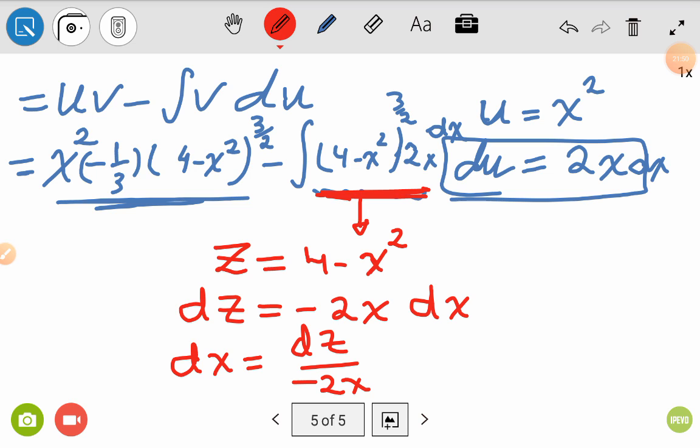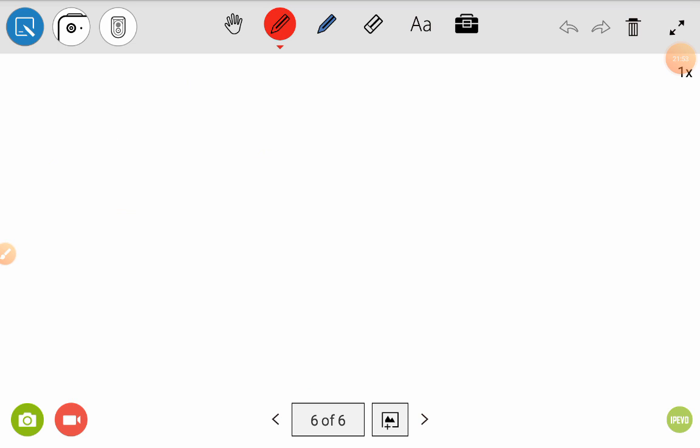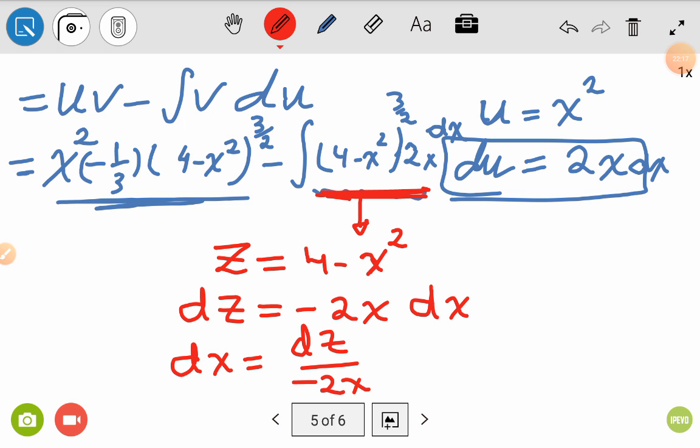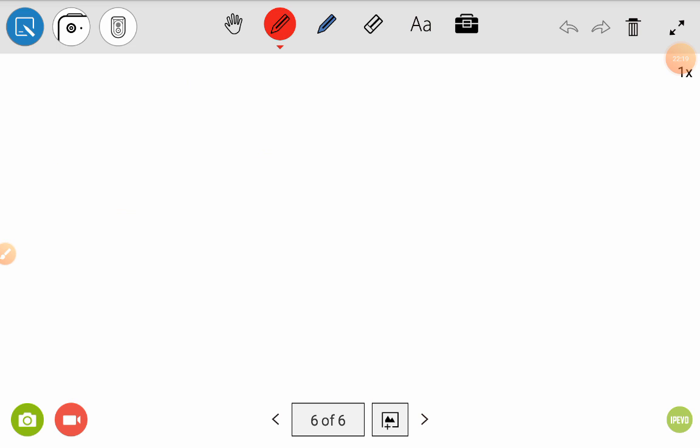Pay attention, guys. I know that this question is not easy at all. The final step here, we will do it in the next part, which is the integral of 4 minus x squared, and this all to the power of 3 over 2 times 2x. Let's write it again. The integral of 4 minus x squared, and this all to the power of 3 over 2, 2x dx.